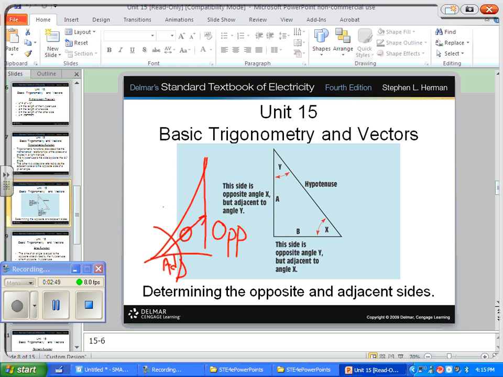And this one is called the hypotenuse. This is a right triangle with its 90 degrees. The one that's opposite the 90 degrees is the hypotenuse, and it's always the longest one, and mathematically the largest number, unless we're talking about reciprocal functions, but we'll talk about that later. Okay?